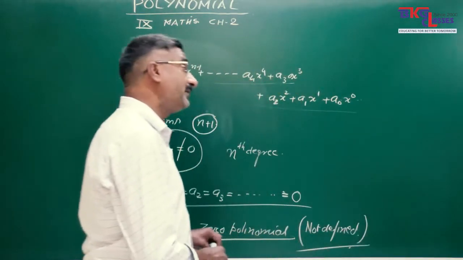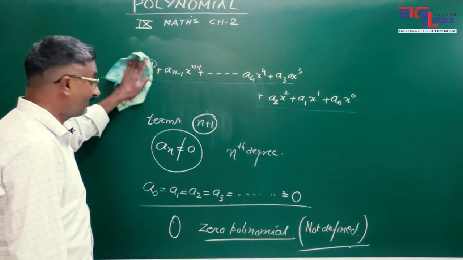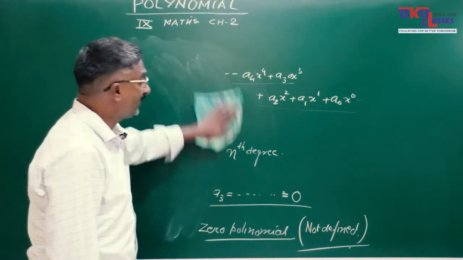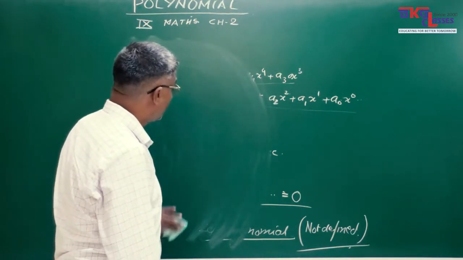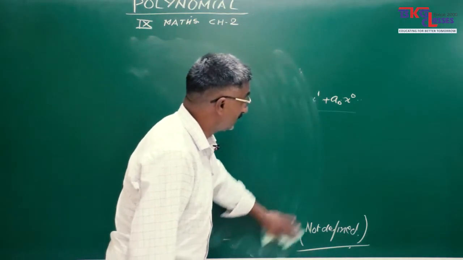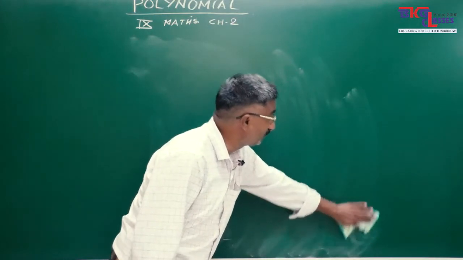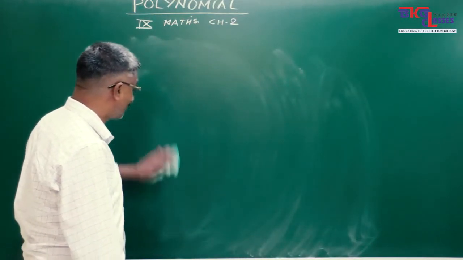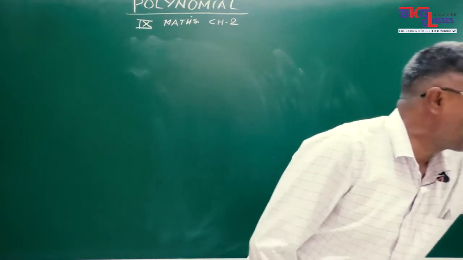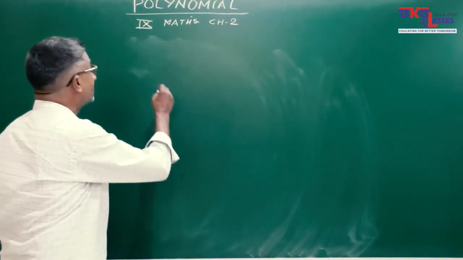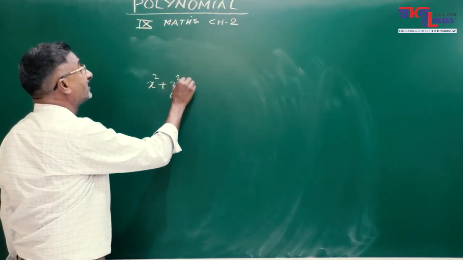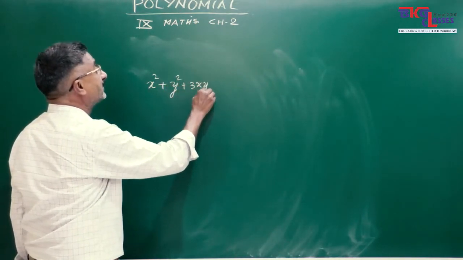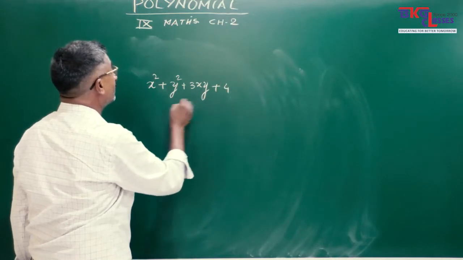So these are the polynomials in one variable. The equation may be in 2 variables, in 3 variables, or in n number of variables. Means instead of writing only x, there may be y, z, r, s, t, u. So many variables you can write in the form of different letters. Say x square plus y square plus 3xy plus 4.